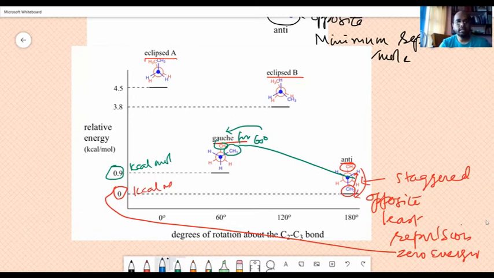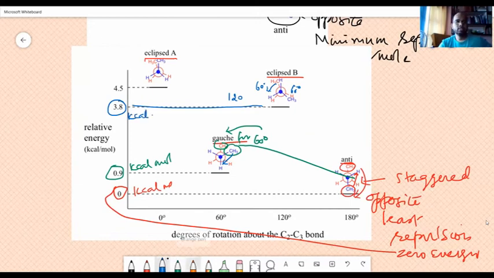The third, eclipsed one, is a further moving of this methyl group to this position, by another 60 degrees. It is 60 degrees here and 60 degrees here, a total of 120 degrees. That gives the molecule about 3.8 kilocalories per mole.